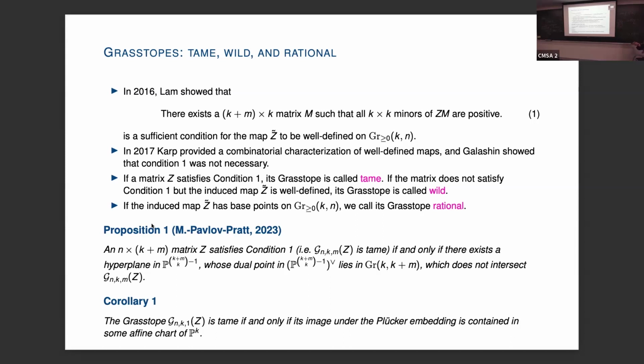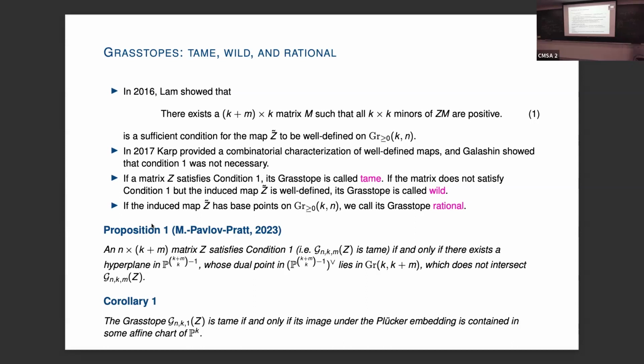And so we showed that a matrix Z satisfies condition 1, which means that the Grasstope is tame, if and only if there exists a hyperplane satisfying some conditions that is disjoint from the Grasstope. The hyperplane is in the ambient space where the Grasstope lives, the ambient projective space.